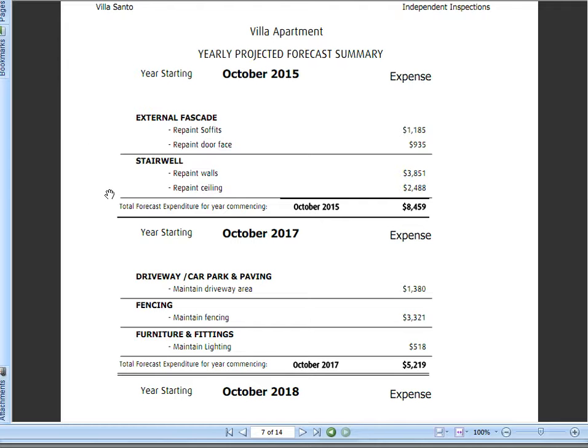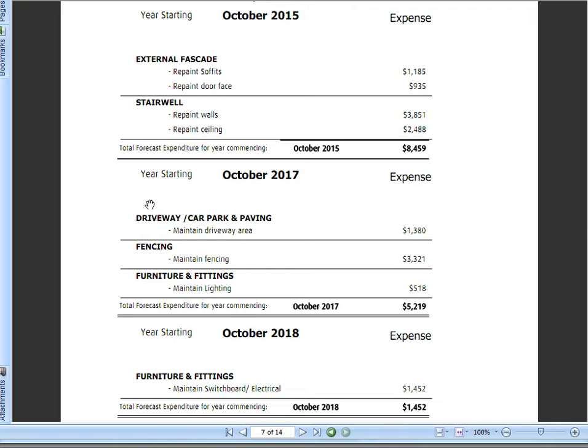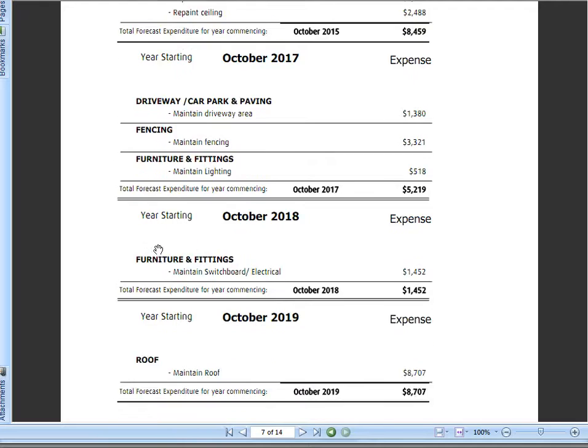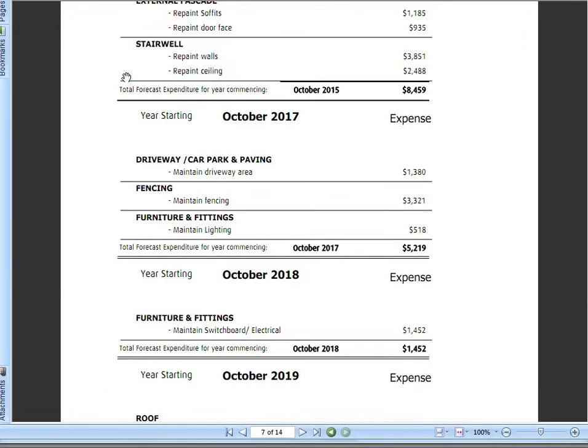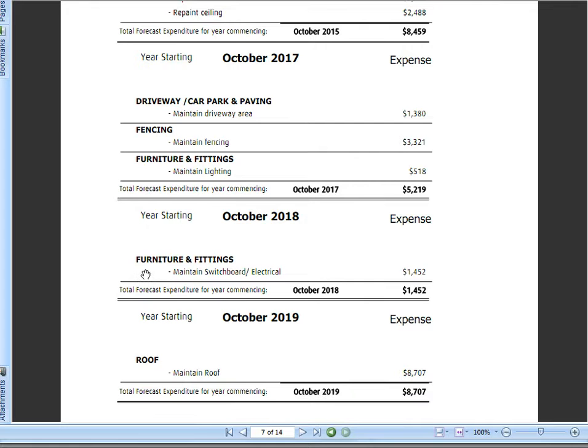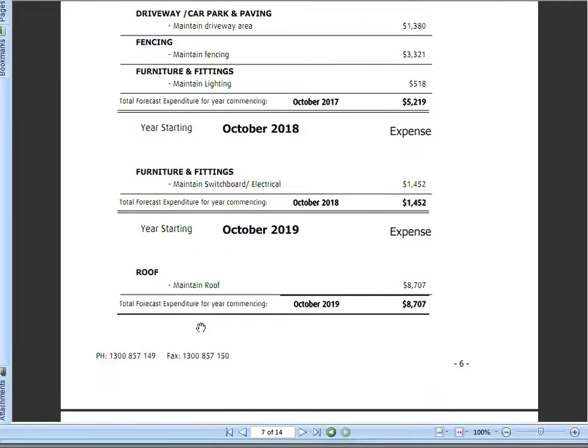That's the main thing in 2015. Two years after that we've got 2017, so we're looking at the driveway, the fencing and the other items in there. So that gives you a good overview of those items that are coming up in that time, to make that a bit easier for you.